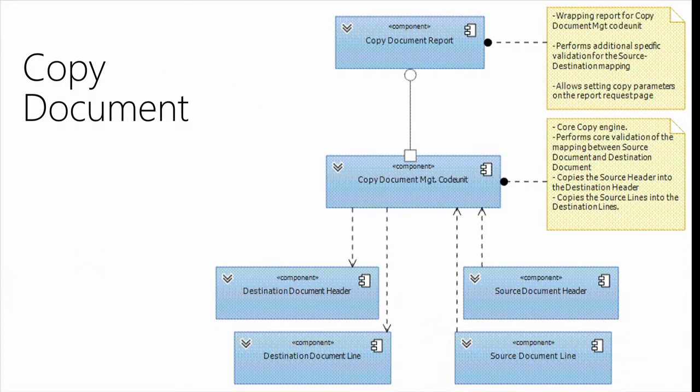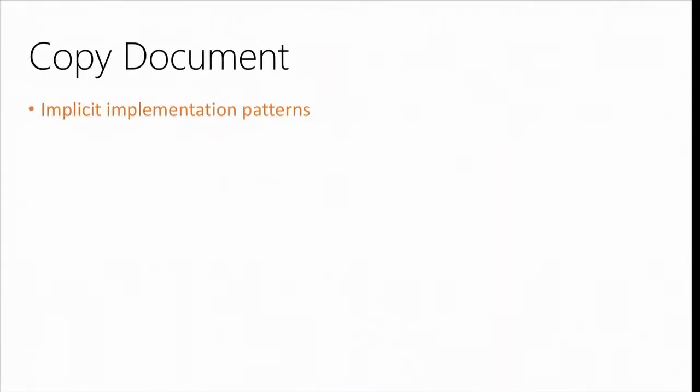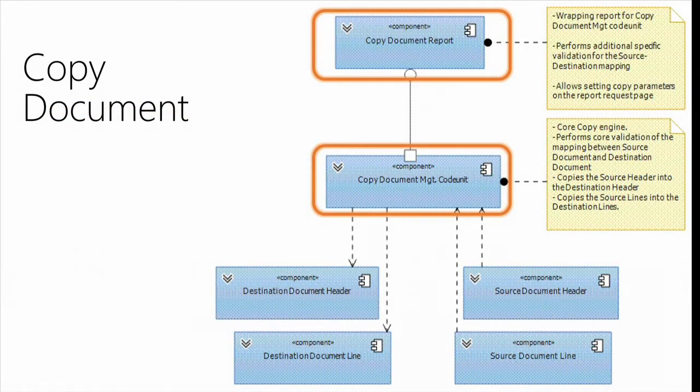If we look at it from a component perspective, it looks, again, very simple, but we have a wrapping codeunit, a wrapping report, for calling the codeunit, and actually we are utilizing the fact that we have that request page so you can key in parameters for free, and that just calls this copy document management codeunit, that's an awfully long name, that does the trick of copying from the source to the destination.